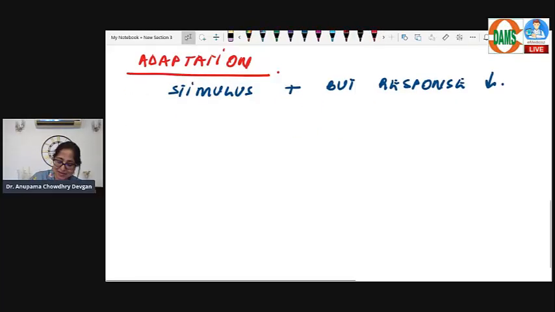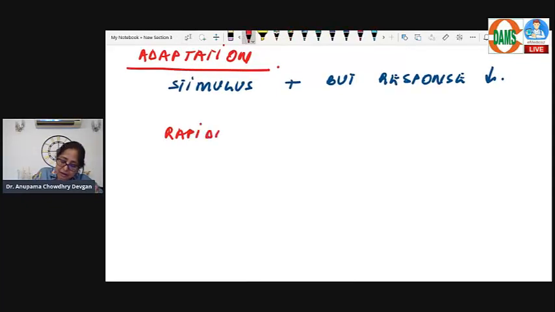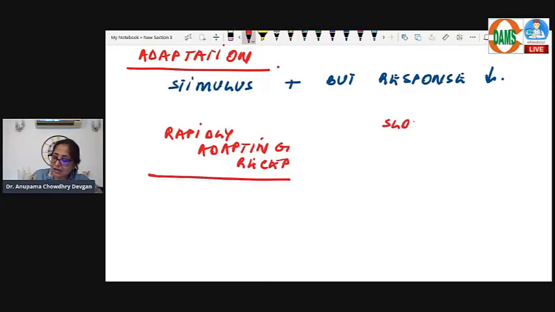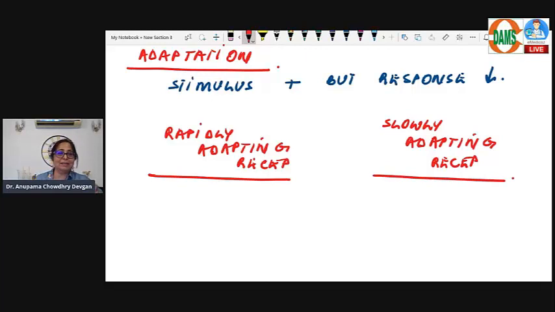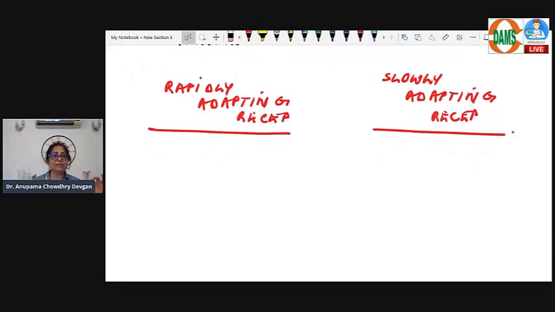You have rapidly adapting receptors and slowly adapting receptors. So the receptors can be divided into 2 types: rapidly adapting receptors and slowly adapting receptors.